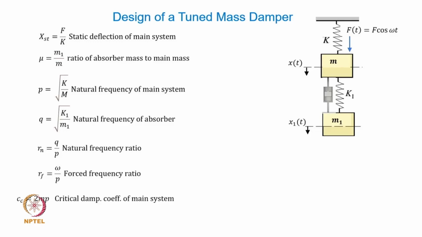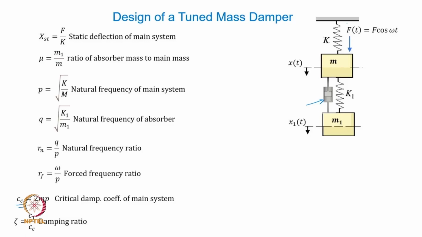Then we assume that Cc represents the critical damping coefficient of the main system. So Cc is defined with respect to the main system, and the damping ratio here would be the damping coefficient of the absorber here, and normalized with respect to Cc.